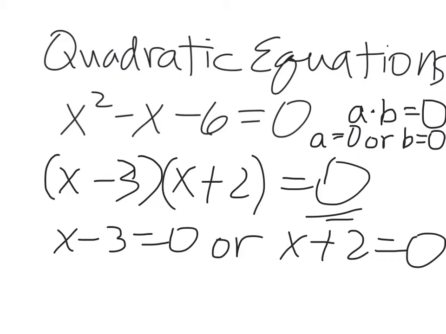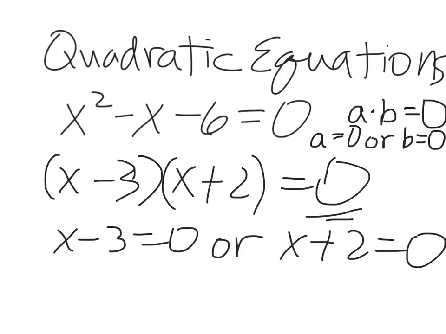Does that work for any other number? Say we have A times B equals 1. Does that mean A has to equal 1 or B has to equal 1? No. With that example, A could equal 1, then B would have to equal 1. But A could also be 2, and then B would have to be 1/2.